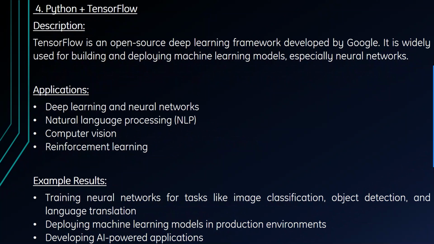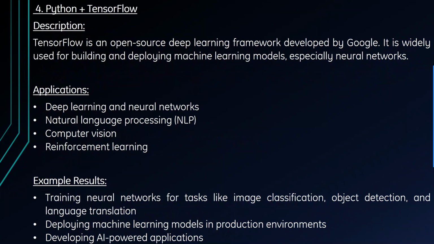So TensorFlow is used for training the models. Training examples are training neural networks for tasks like image classification, object detection, and language translation. And we can also deploy machine learning models in production environments and deploy AI powered applications.